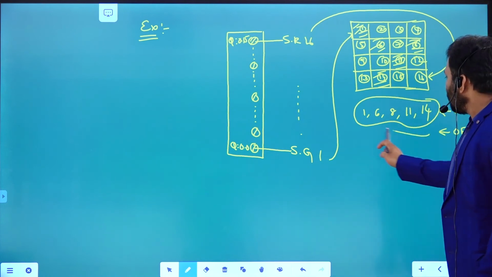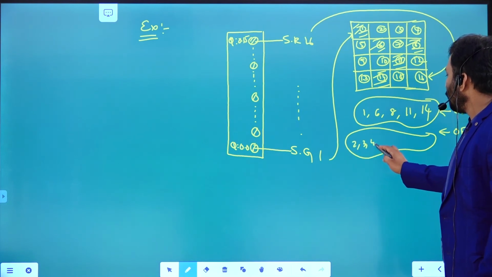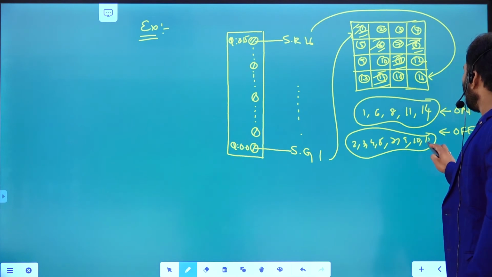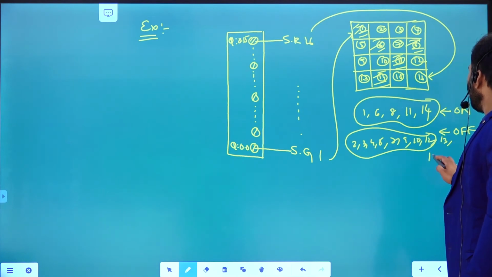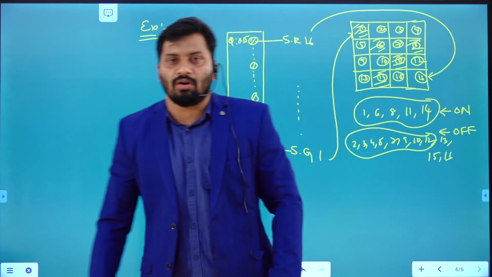The remaining guns, connected to terminals 2, 3, 4, 5, 7, 9, 10, 12, 13, 15, 16, I want to turn off.